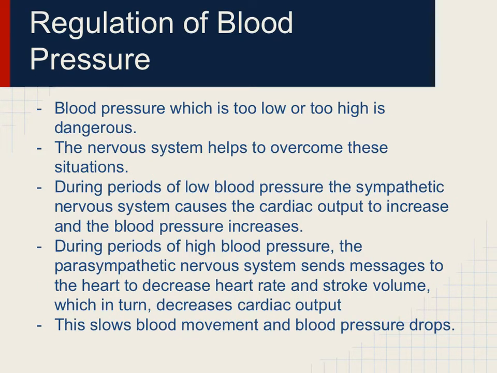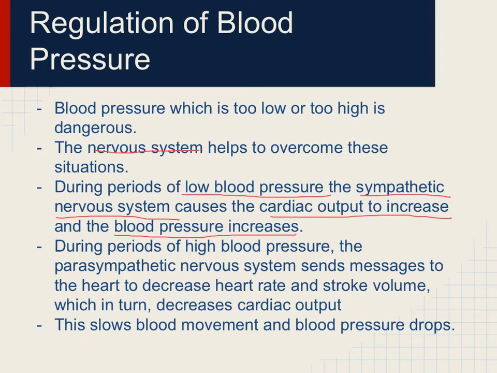Regulation of blood pressure. Blood pressure, which is too low or too high, is dangerous. The nervous system helps to overcome these situations. During periods of low blood pressure, the sympathetic nervous system causes cardiac output to increase and blood pressure to increase.